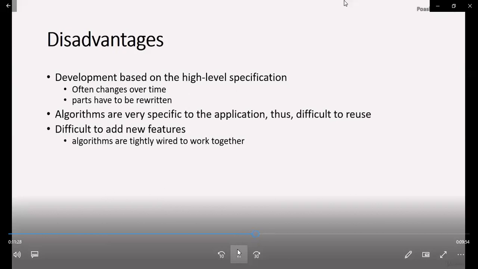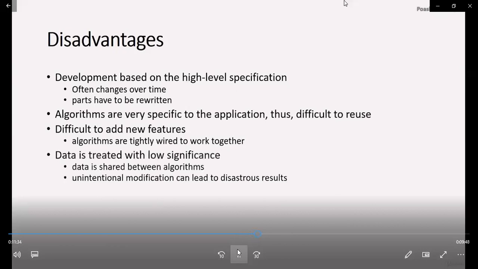This means we have to integrate the new changes into the existing software, which is a very complex process. The other thing is that the algorithms we have already written are very specific to the application. Therefore, that makes them difficult to reuse. And for the same reason, because the algorithms are specific to the application, they are tightly coupled with each other. Therefore, it is difficult to add new features.